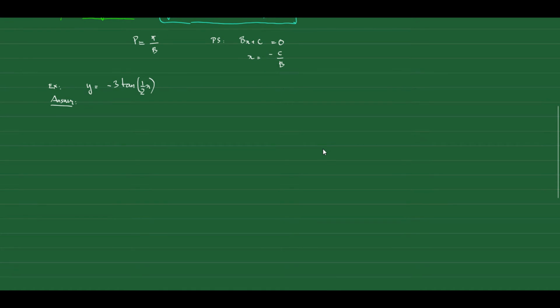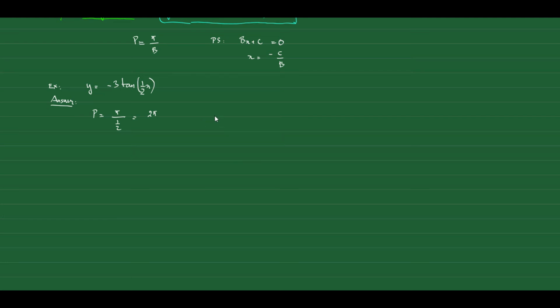So first of all, we need to calculate the period. The period will be pi over b, which is pi over 1/2, so the period will be 2 pi. No vertical shifting. The amplitude will be 3. We can mark 3 anywhere we want as long as it's on the y-axis.